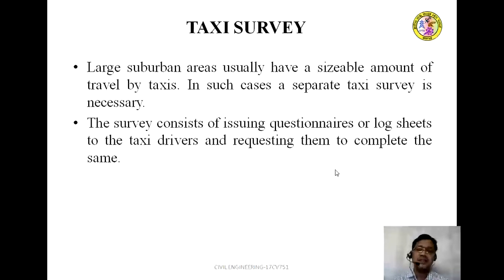Next, the questionnaires or the log sheet from the taxi drivers are requested to supply the complete information.